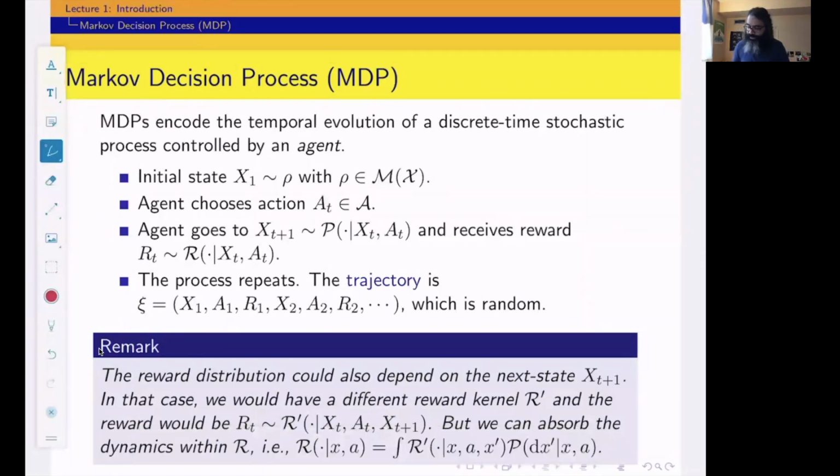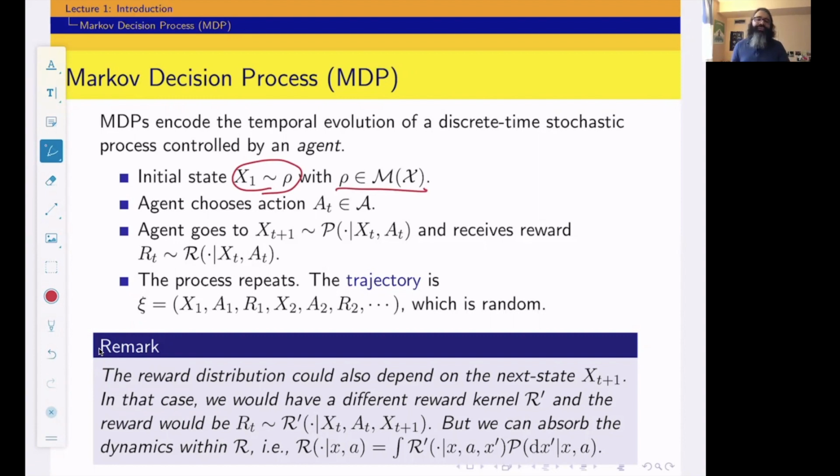Here, I repeat what I said before a bit more mathematically. Essentially, MDPs encode the temporal evolution of a discrete time stochastic process that is controlled by an agent. At the beginning of this process, where we index time by t, suppose time starts at 1. X of 1 comes from some distribution rho, which is a distribution over the state space. That's why I use M of X there.